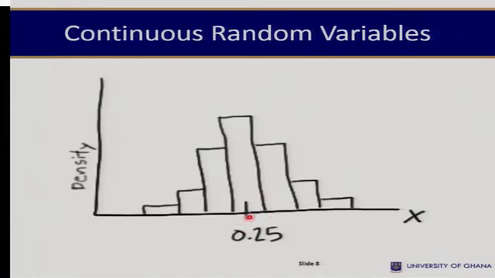Now you see we've marked 0.25 here, which means 0.25 kilograms, meaning that we expect the average weight to be 0.25 kilograms. But because of some variability, some might be slightly less than 0.25, others might be slightly heavier than 0.25, but we expect the bulk to be around 0.25. That's why we have the highest bar centered on 0.25.